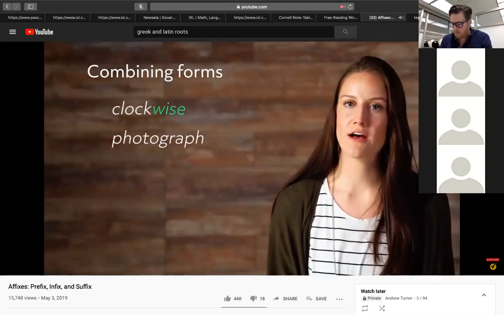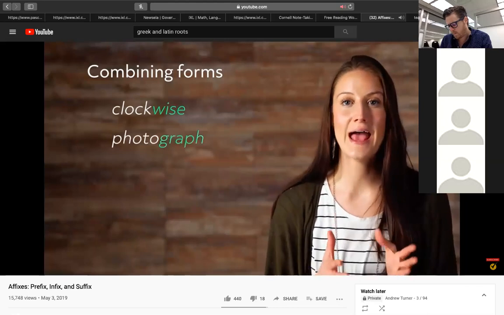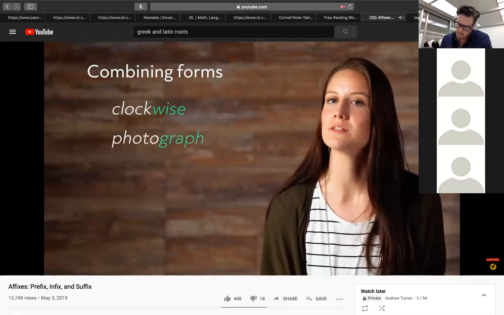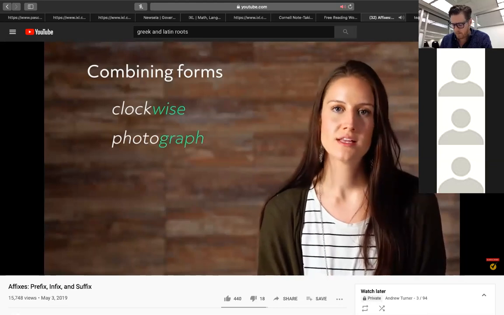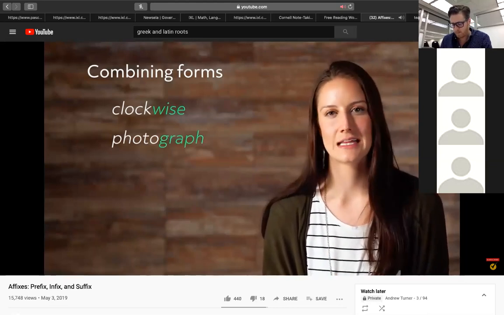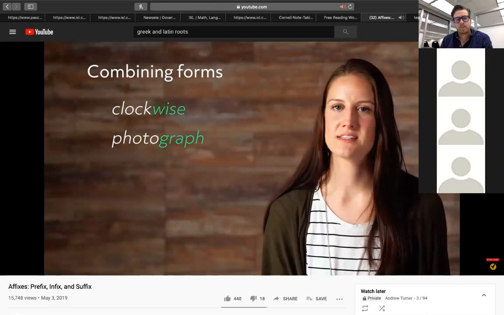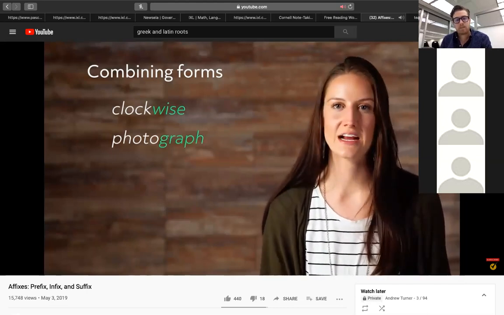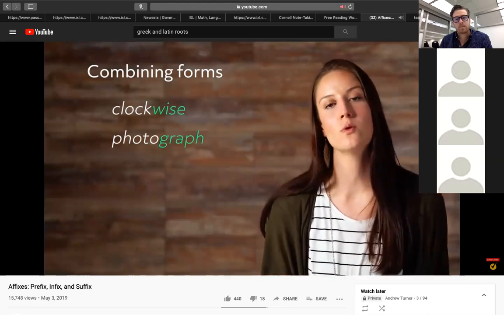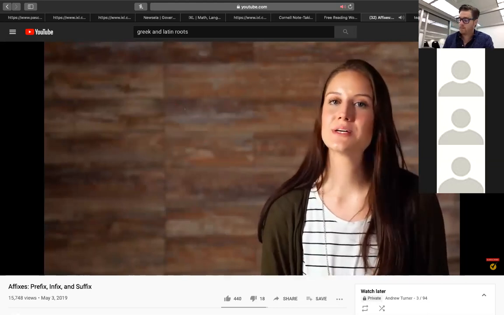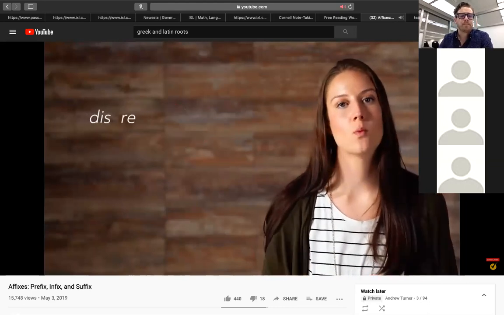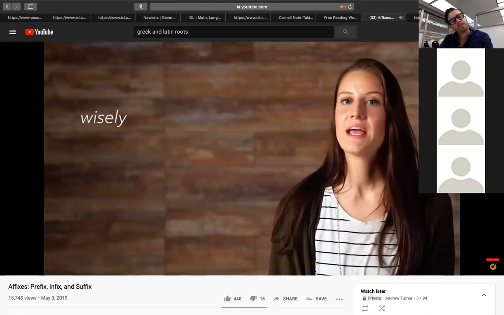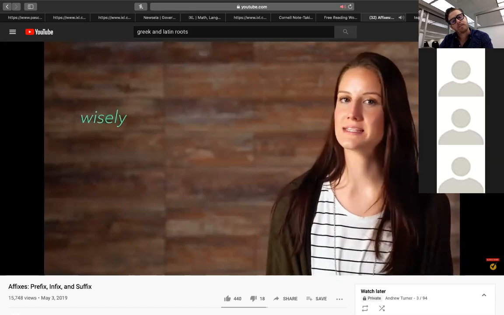In the word photograph, graph is actually a noun combining form that tacks onto the word photo to make a new word. These aren't affixes exactly. They have more substance. Unlike affixes, combining forms can actually connect with an affix to form a real word. While you can't put dis and re together to make a word, you can put wise and ly together, and you'll get the word wisely.